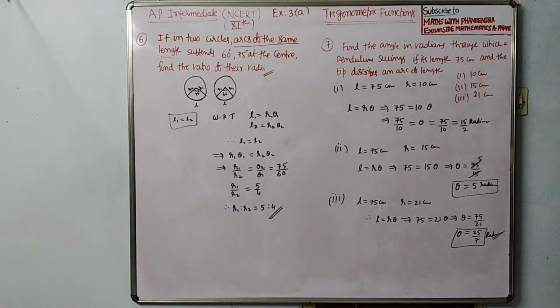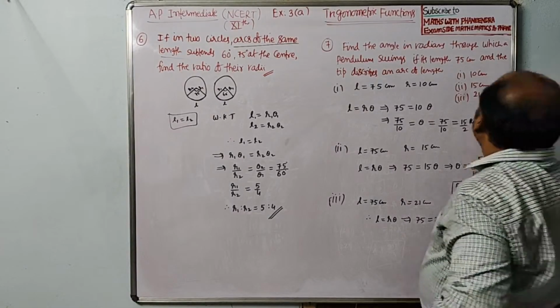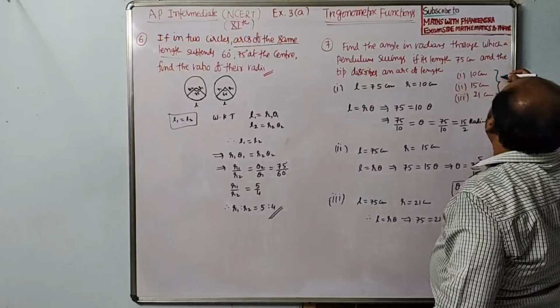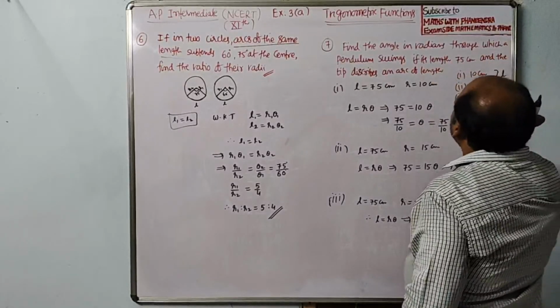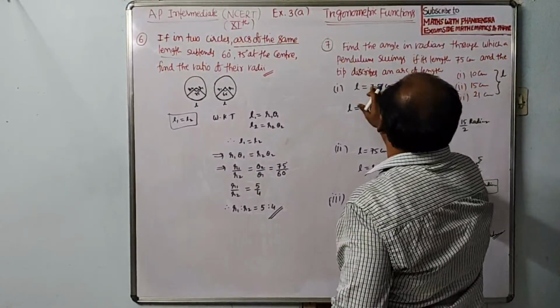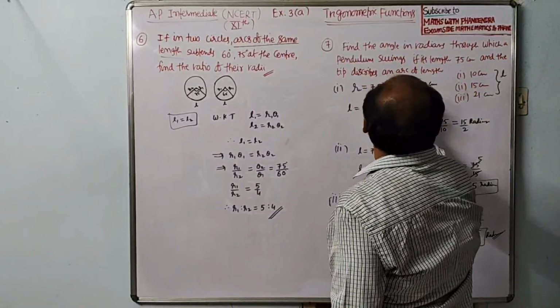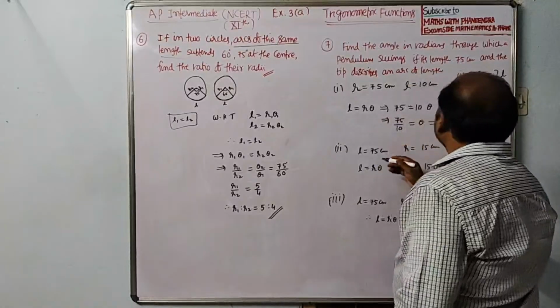Now one minute, I think I have taken L and R in a different way. Yes, I forgot, dear students. If the length is 75, strings mean it is the radius. This is radius, this one is length. Based on that, it changes.